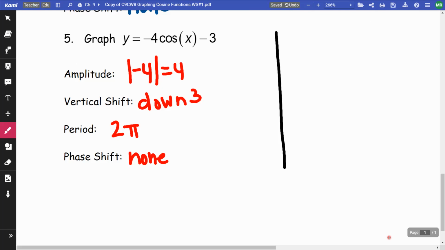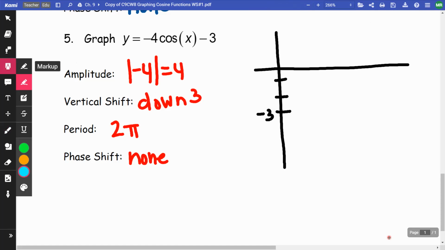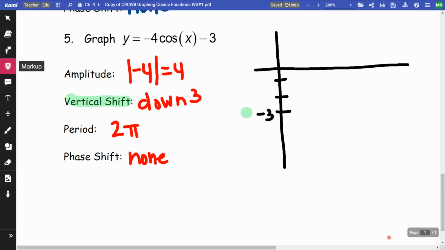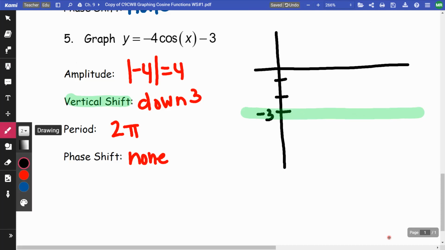So let's see, I need to drop down 1, 2, 3. Okay, that's my vertical shift, right here at -3. Then, because my amplitude is 4, I am going to be going 4 above, so 1, 2, 3, 4, so it's going to be up at 1, and I'm going to be going 4 below, so 1, 2, 3, 4, so that's going to put me at -7.